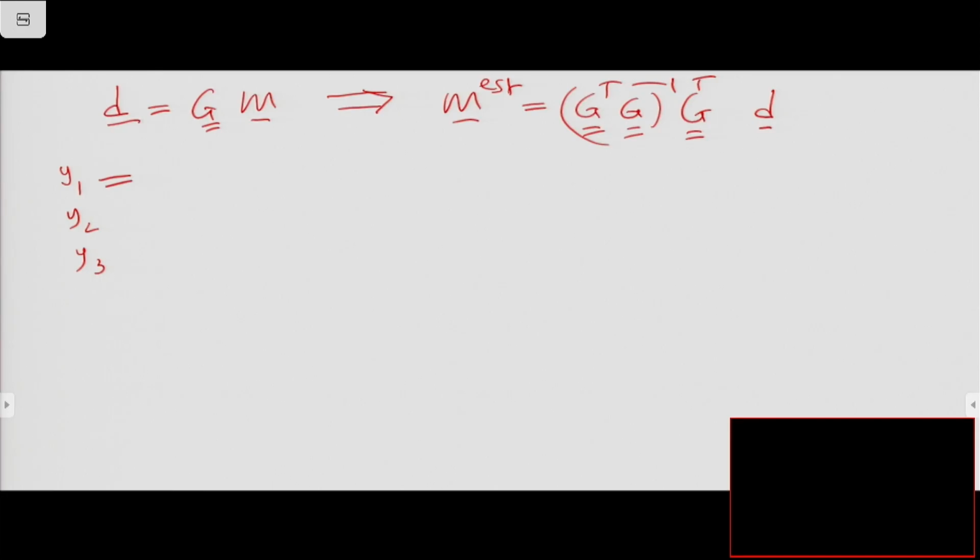So here I can say my y1 is a plus b x1, right? And this one is going to be a plus b x2, and this is going to be a plus b x3.